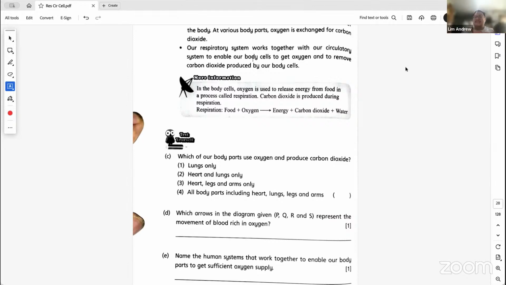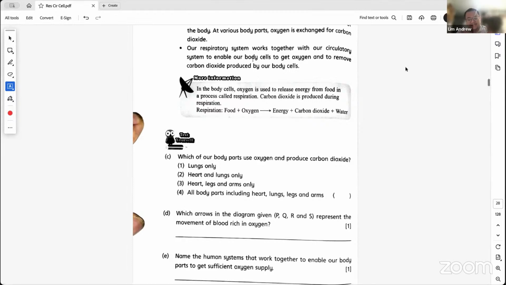The heart will take some for itself, then pump the remaining material to all other parts of the body. So the answer is number 4. Remember, all body parts, including heart, lungs, legs, arms, brain, eyes, whatever, as long as it's part of our body, all use oxygen and produce carbon dioxide.